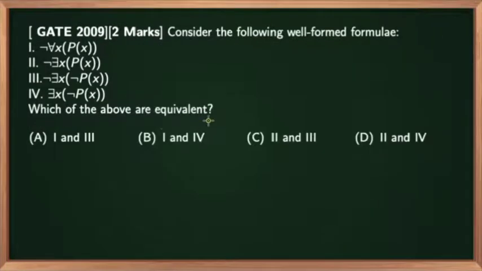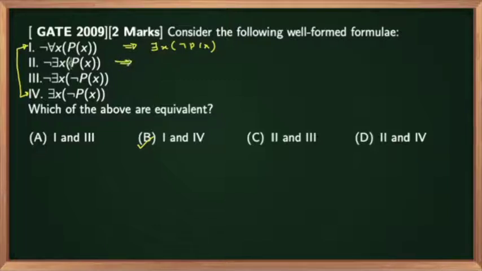Which of the above statements are equivalent? For not all x p of x, this will be equal to there exists an x not p of x. So that means 1 and 4 are equivalent. So the answer should be B. Anyway, let's see the second choice.